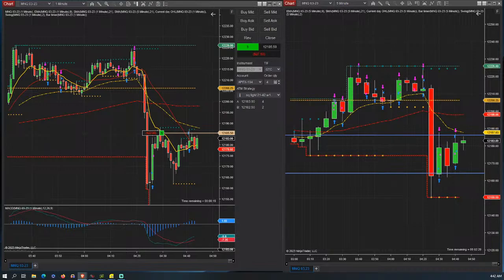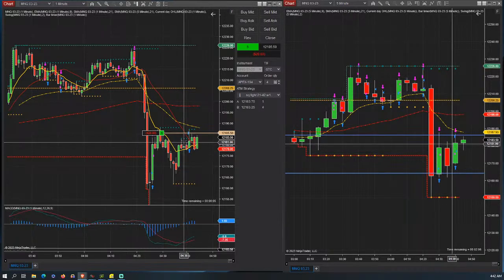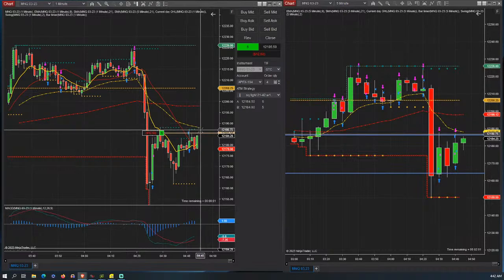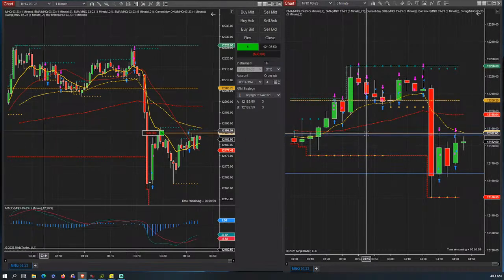Totally going sideways right now. So I'm almost at break even here on this entry. I don't have a hard stop loss in place. I'm looking for a run up, but it seems like it's respecting this level here.